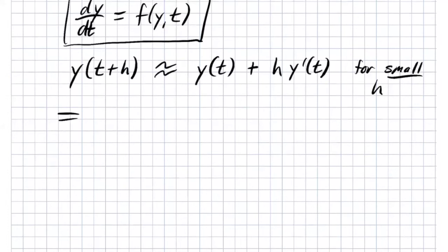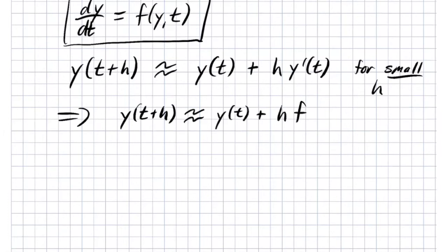So how can we incorporate this differential equation into this approximation? Well, we know what this derivative is here. We have a formula for that. So we get that y of t plus h is approximately y of t plus h times f, where we plug in the value of y at our current time t, and t, into this formula.